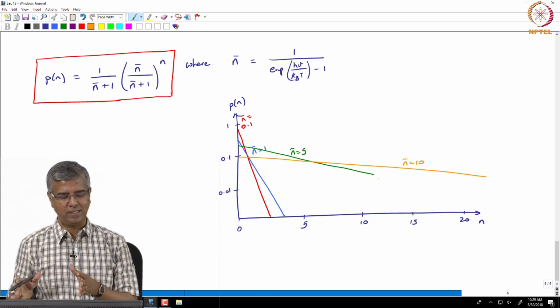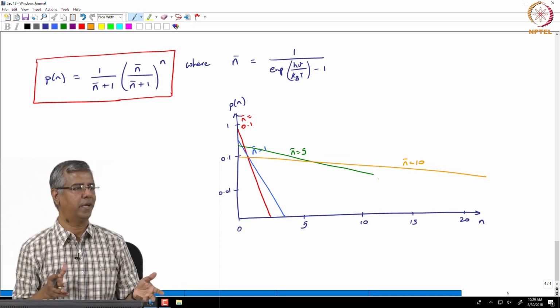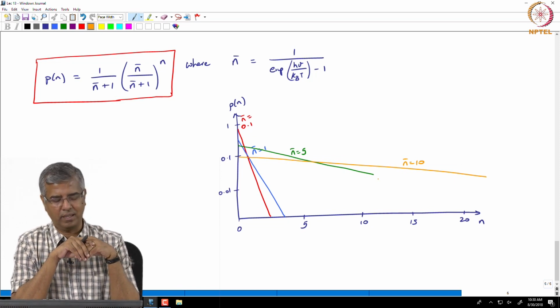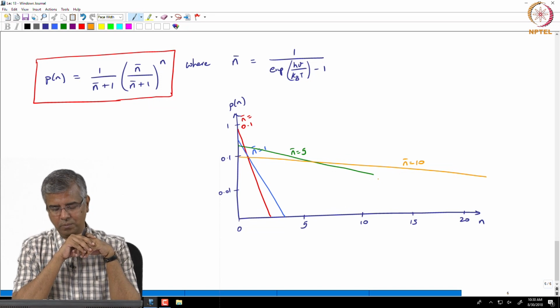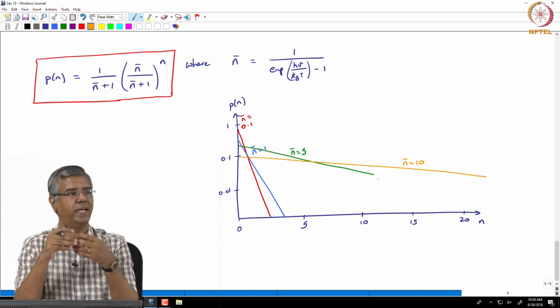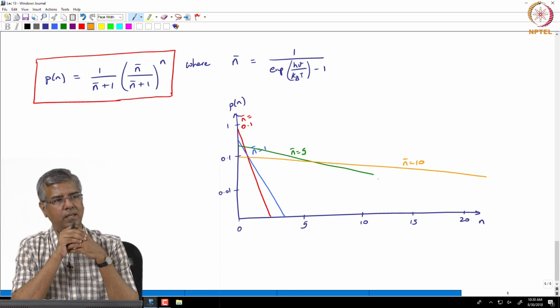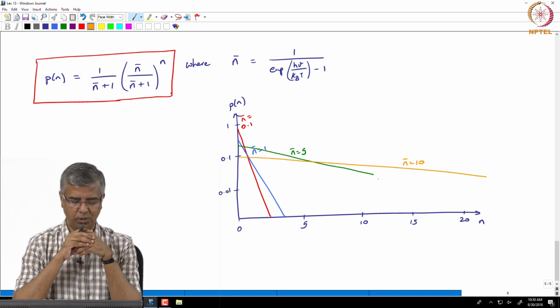So what we can say is thermal light sources are relatively incoherent compared to other light sources, like in the case of a laser, for example. Thermal light sources, as in the case of sunlight or incandescent light, which are basically black body radiation, are fairly incoherent, fairly random light sources. This is what we were saying.